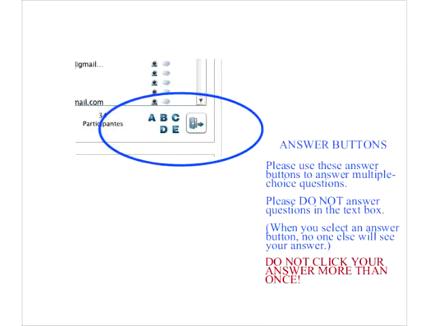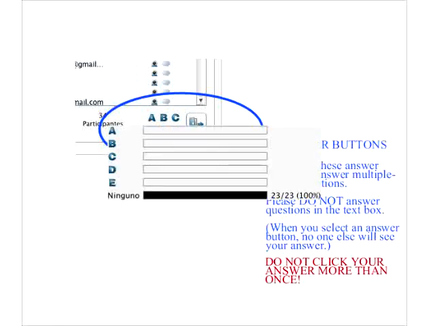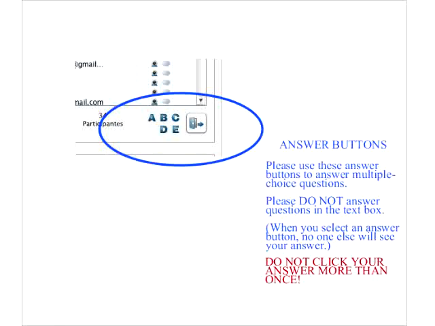Okay, so lastly but not leastly, remember when we have live questions, please use the answer buttons to answer the question. You don't have those yet, but you will have them right now. When you answer the questions, please use these buttons and please click your answer exactly 1 time.